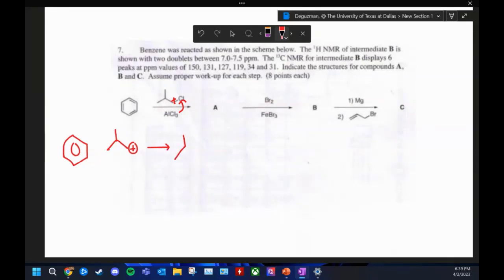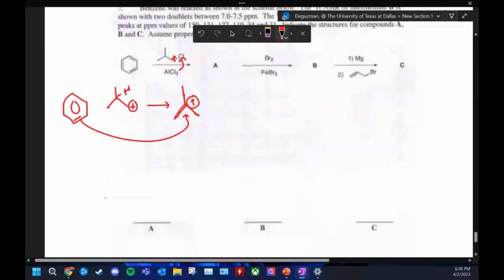We can do a hydride shift because we still have a hydrogen here, putting that carbocation over there. So we have a tertiary, everything is stable. So now we can use one of the double bonds here to attack that electrophile.